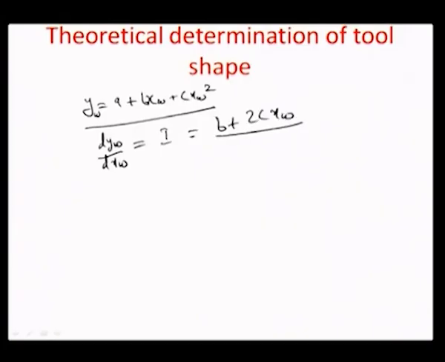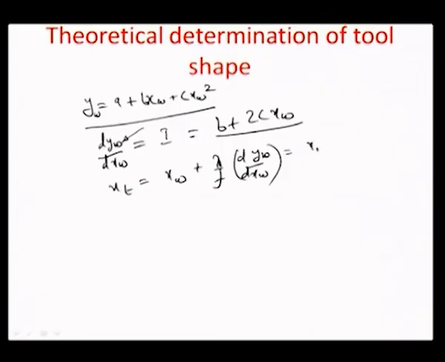From our previous formulation for xt and xw, we are very well aware that xt is related to xw by the relation xt equal to xw plus lambda by f times dyw by dxw. The whole effort should be to convert this in terms of the tool side coordinates xt and yt.